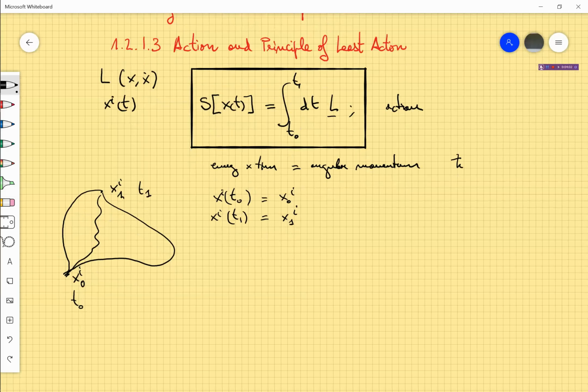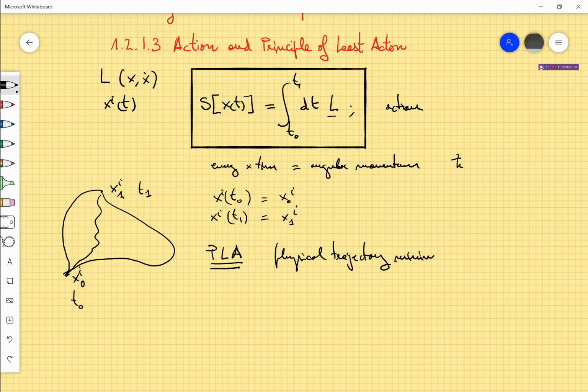And then the principle of least action tells me that the physical trajectory, the one that will be realized by the system, is the one that minimizes the action within this restricted set of trajectories.